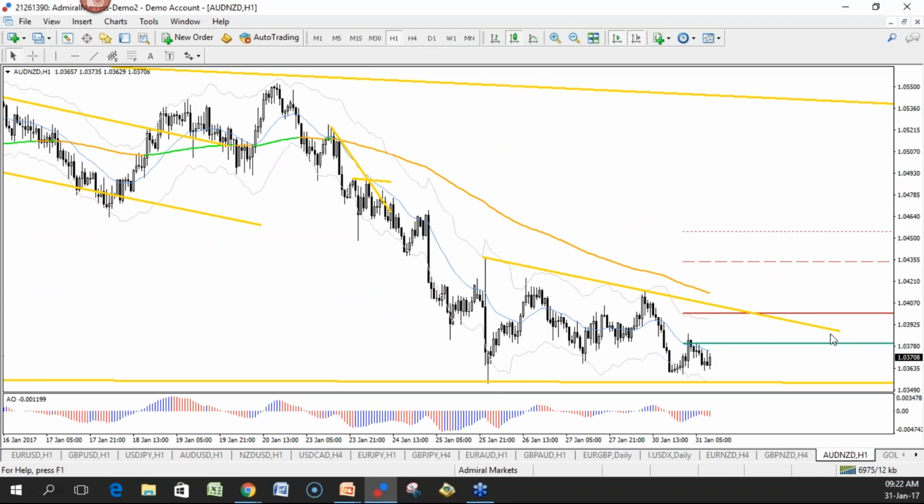Well, yeah, I would probably need to see more information here. I would probably want to see the break above this resistance. And then there's still, I think, some space left for potential trades to the upside after that break.